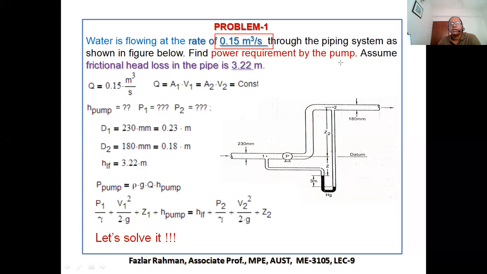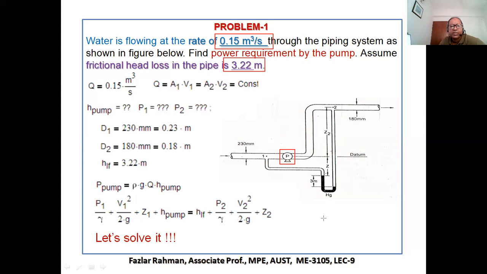Find the power requirement of the pump. What type of pump you need, that you need to figure out. Assume the frictional head loss in the pipe, the value of HLF, is given as 3.22 meter.